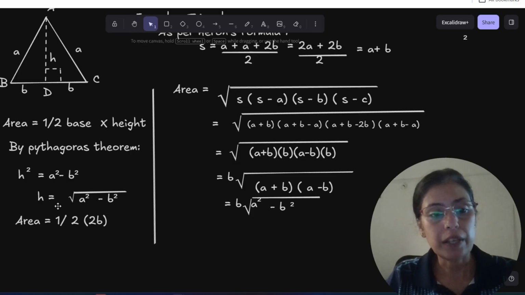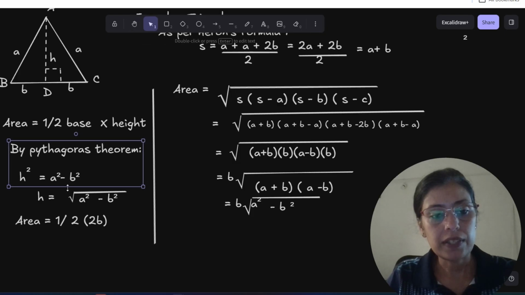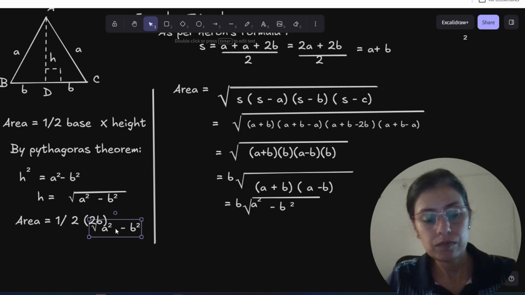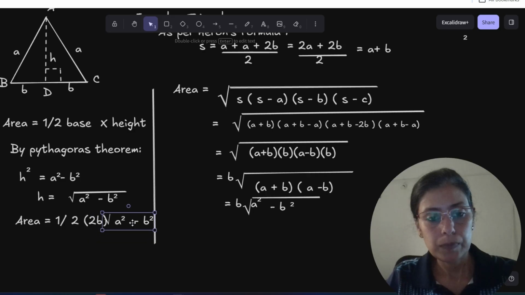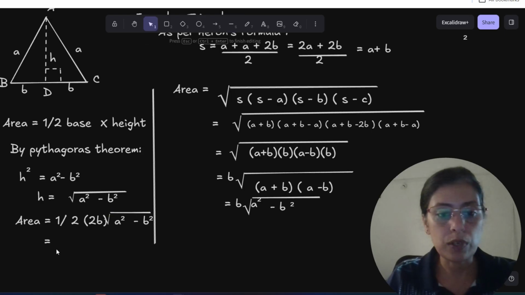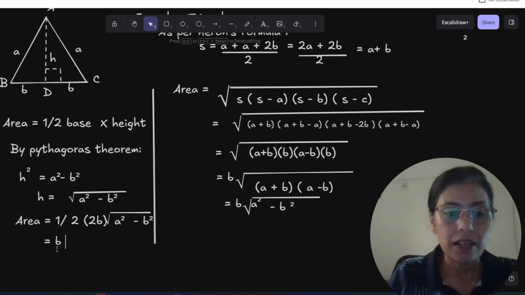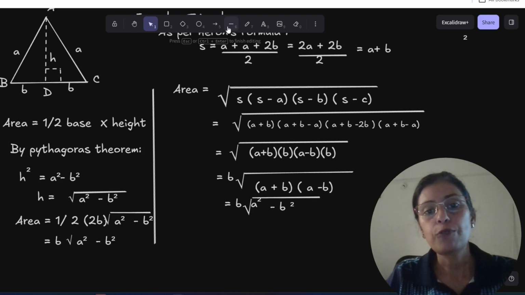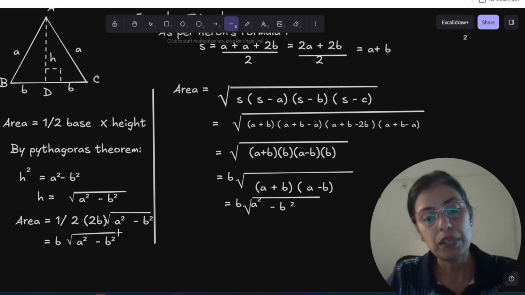So it is the same as this. And this 2 and 2 will cancel. So it will become b into under root of a square minus b square.